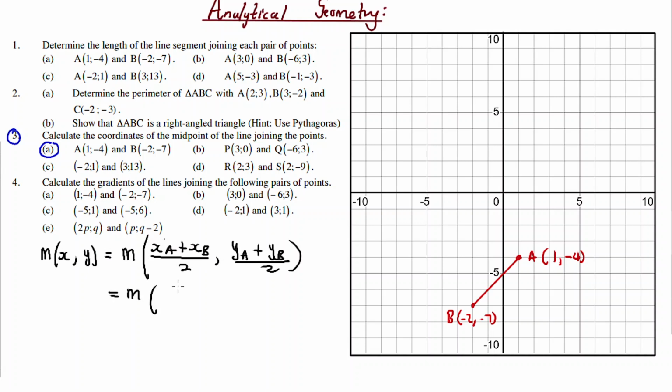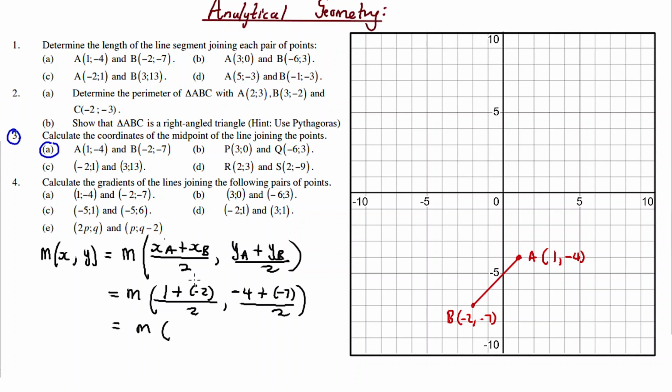XA, that's 1, plus XB, minus 2, over 2; YA, that's minus 4, plus YB, that's negative 7, over 2, close the bracket.